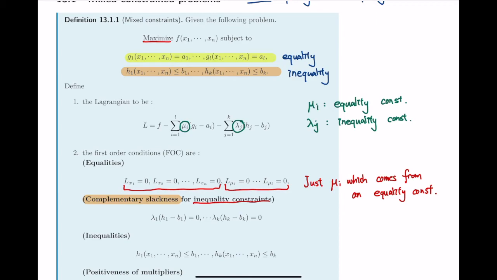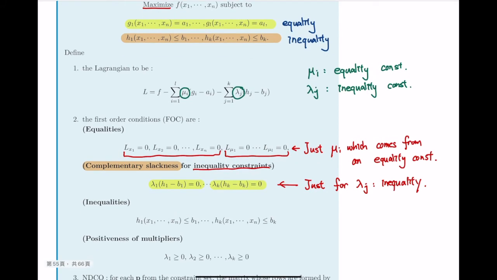This is given by the equation lambda_j times (h_j minus b_j) equals 0, just for the lambda_j, which are for the inequality constraints. And then we have the given inequality constraints.